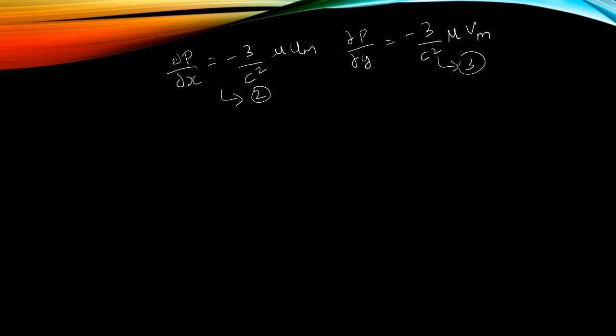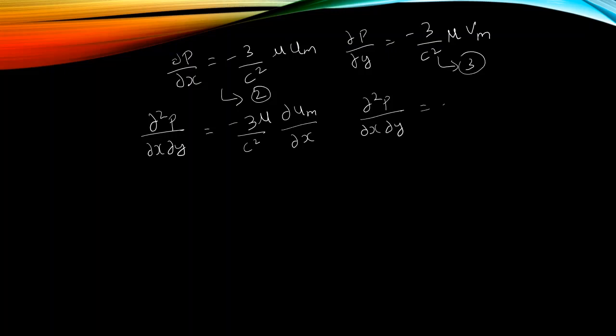Why I am doing this is in order to equalize the terms, so dou square p by dou x dou y is equal to minus 3 by c square mu and then dou um by dou y, and similarly this equation 3 with respect to x, so minus 3 by c square mu dou vm by dou x. You have to differentiate with respect to y and then with respect to x for equation number 2 and equation number 3, right?